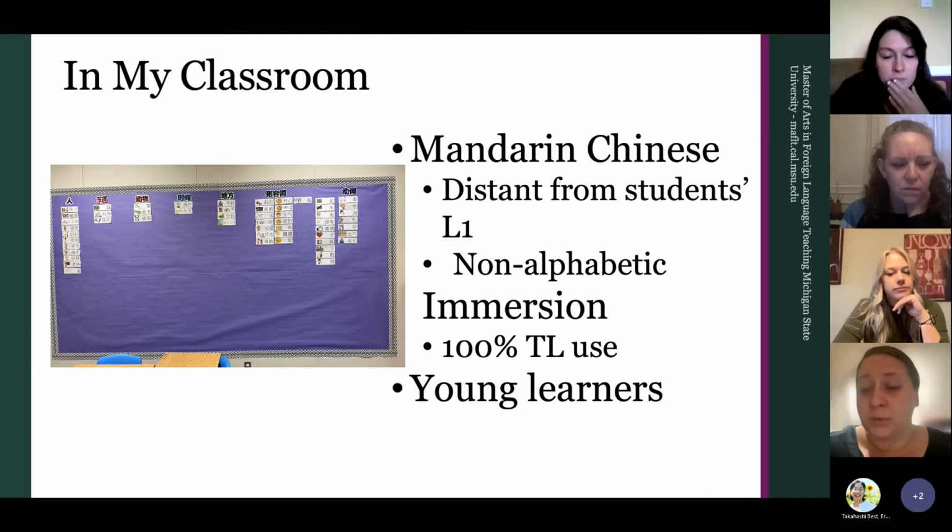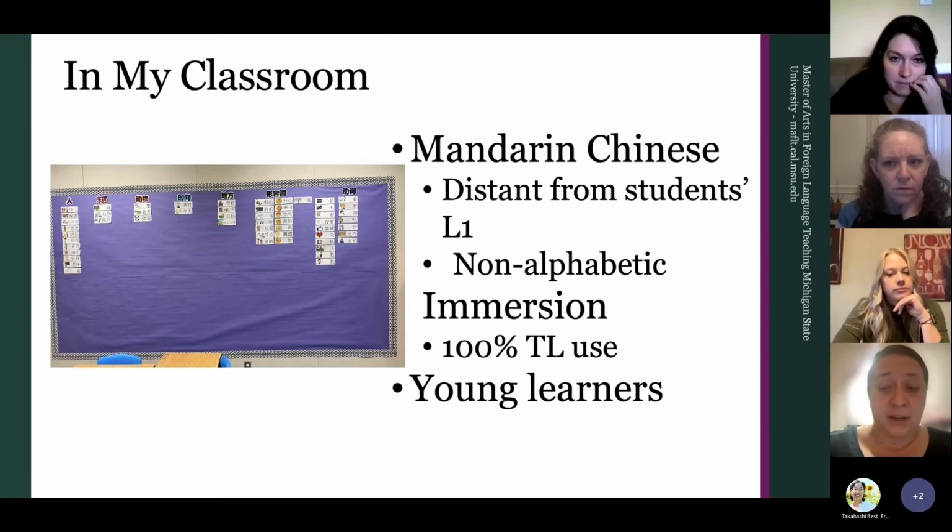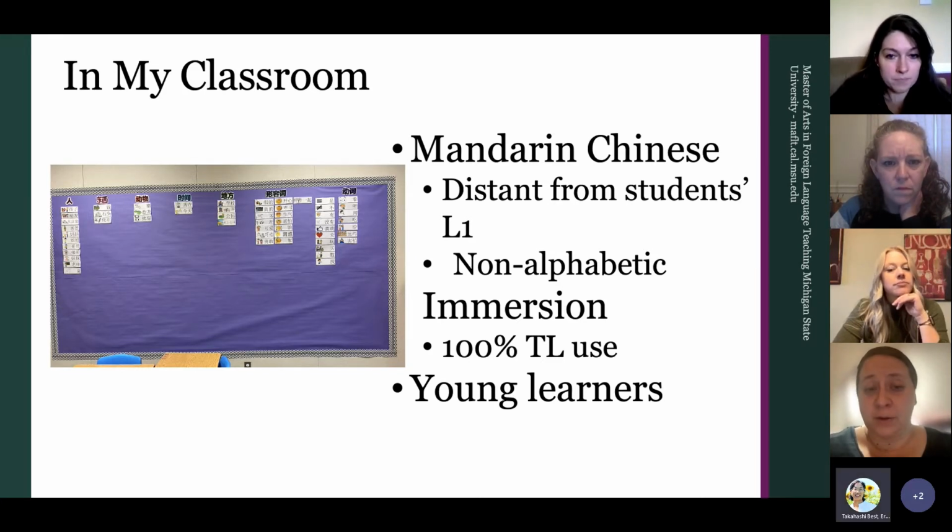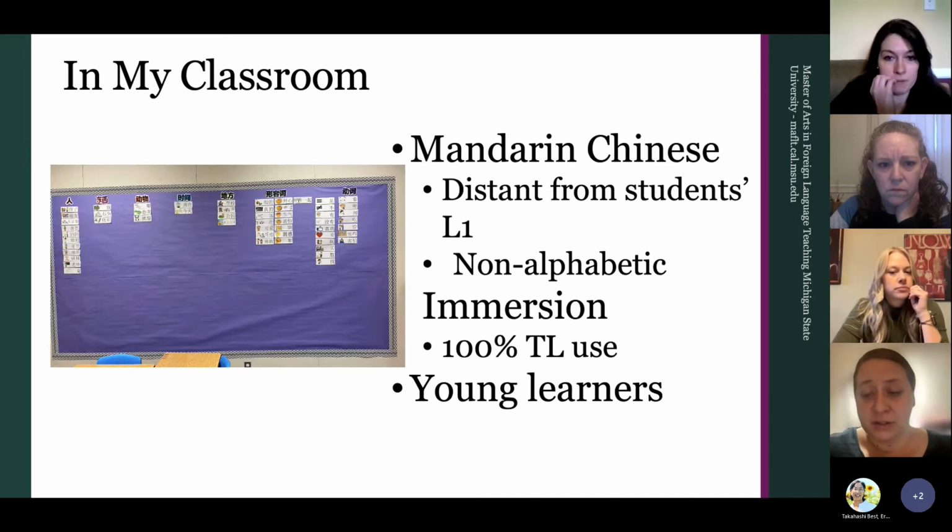And so what I'm really trying to teach my students is to connect the sound of the word and the meaning of the word and the form of the word through memorization. Also, I teach in an immersion program, so I'm supposed to speak 100% in the target language. And my students are also supposed to speak 100% in the target language to each other.